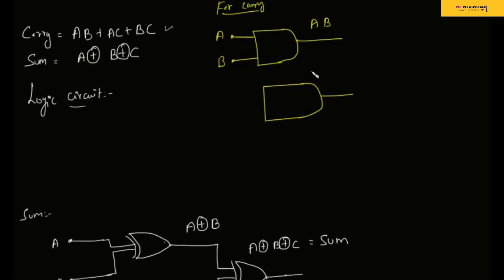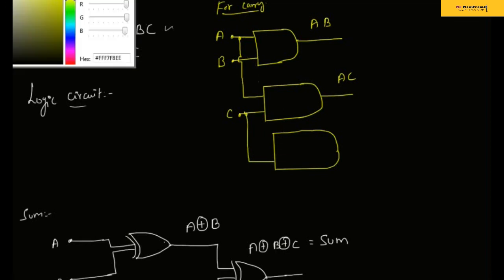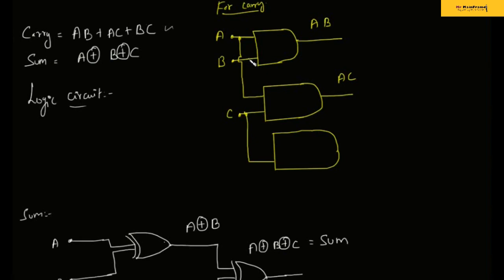I hope it's fine. Now you can connect C with this. C is connected, and the next one is A connected with this. The output is going to be AC, and there is one more AND gate coming here at the bottom that connects B and C. I'll change the color, and put it in white.